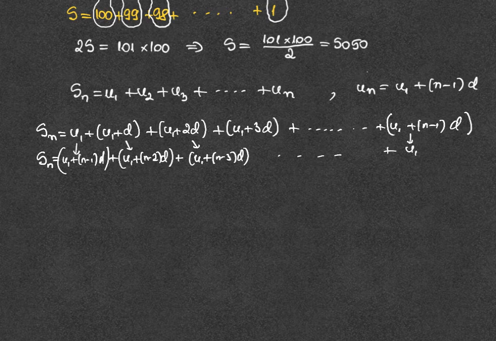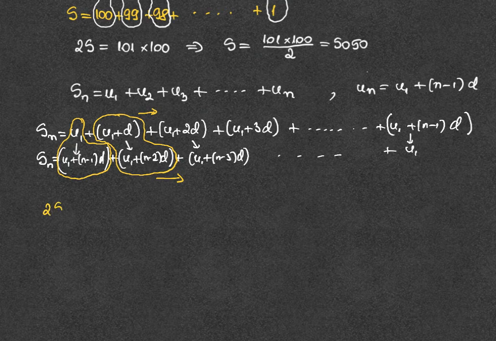Now, if I add in the same way as before, and I add these two, I get 2u1 plus n minus 1 d. If I add these two, I get the same, because each of the terms up increases by a d, but each of the terms down decreases by a d. Therefore, their sum will always stay the same.